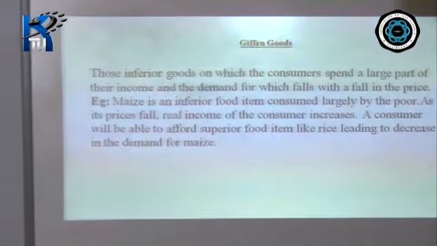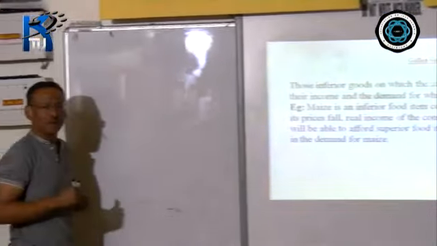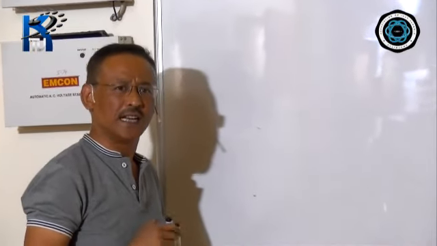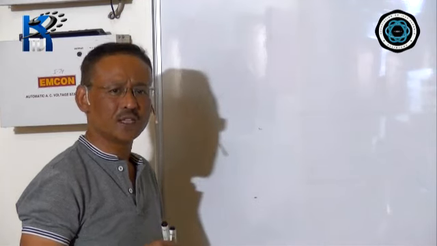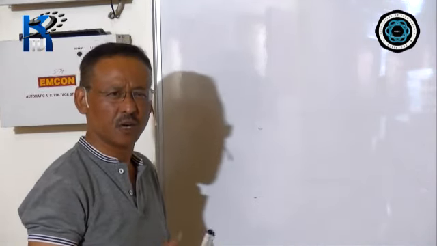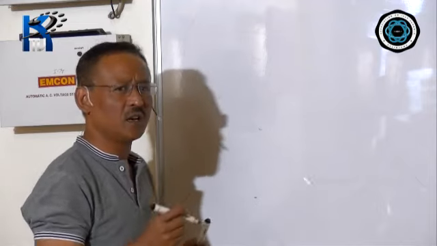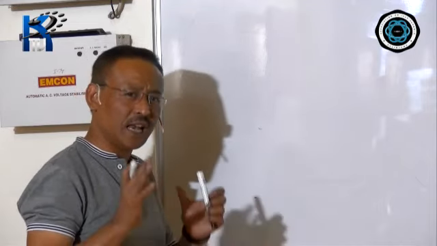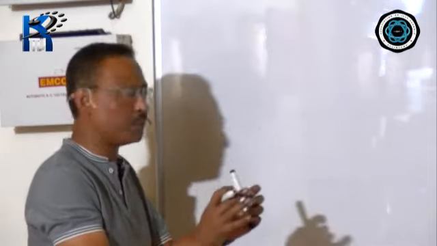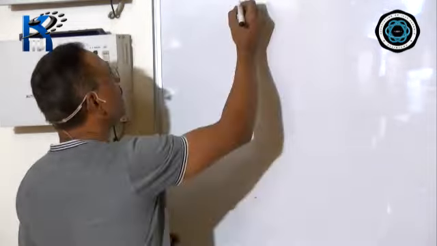Let us say one of the Giffen goods, which is an inferior, low quality good, is rice. Low price, low quality rice. The price is cheap, and the poorer people spend most of their money on rice.